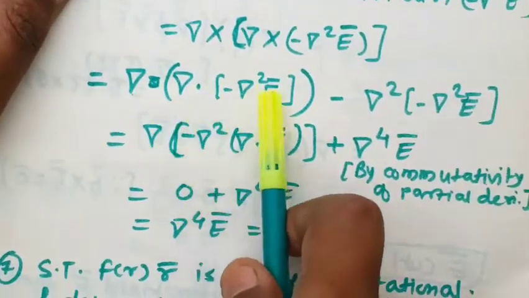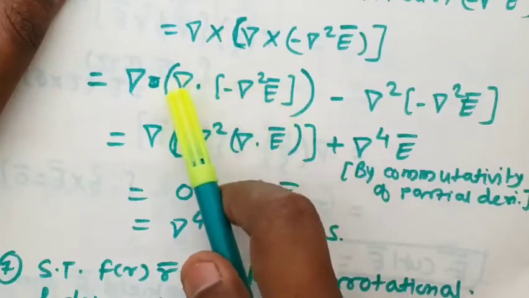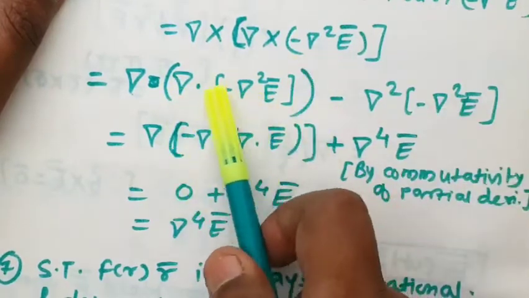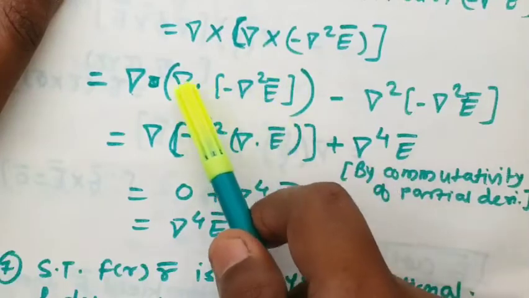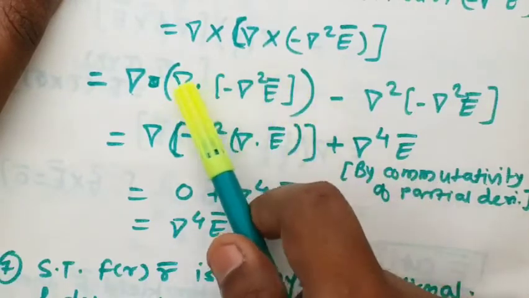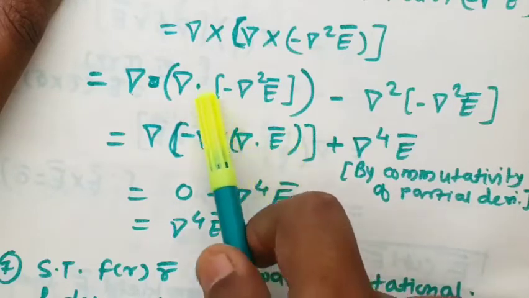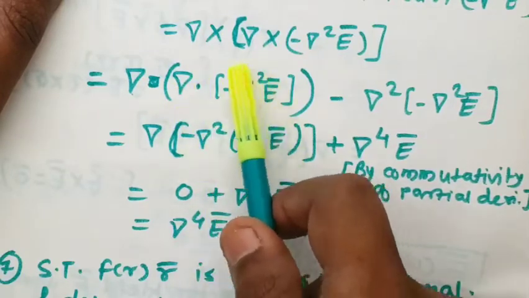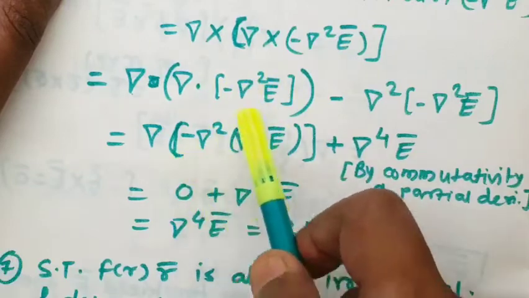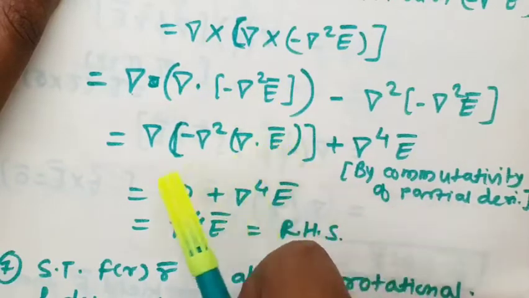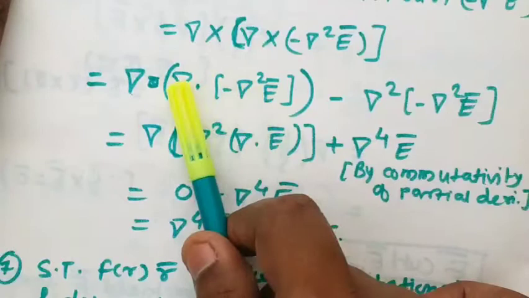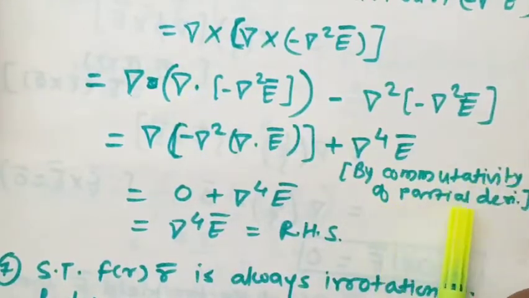Del dot E bar will remain as it is. Minus del square is a scalar quantity, we are operating del on E bar, del is a vector and this E bar is also a vector, so the dot product of two vectors I have taken and the scalar quantity I have written outside. Like that you can consider minus del square is scalar and del dot E bar a product of two vector quantities. Just minus del square is outside, and this is by using the commutative property of partial derivatives.